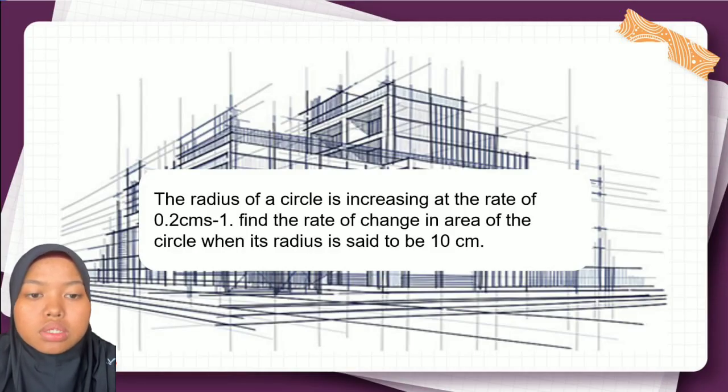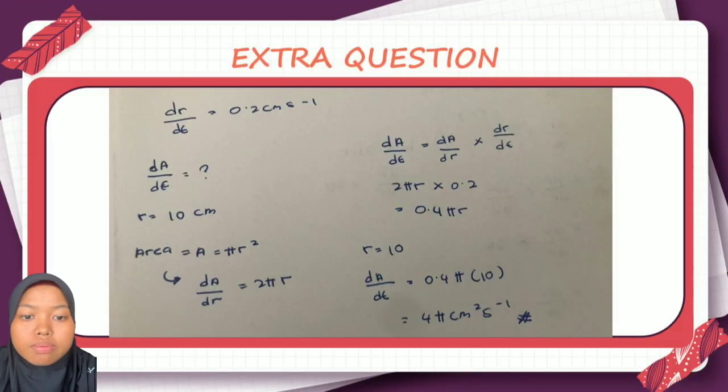Question 1. The radius of a circle is increasing at the rate of 0.2 cm s^-1. Find the rate of change in the area of the circle when its radius is 10 cm. Solution. Given dr per dt equal to 0.2 cm s^-1, find dA per dt equal to unknown when r is 10 cm. We know the area of a circle is pi r square, so dA per dr equal to 2 pi r.